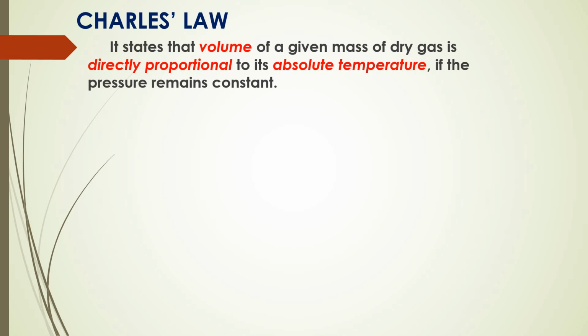The thing which remains constant is pressure. Every time the pressure remains constant, volume and absolute temperature relate to each other, and that relation is given by Charles' law.